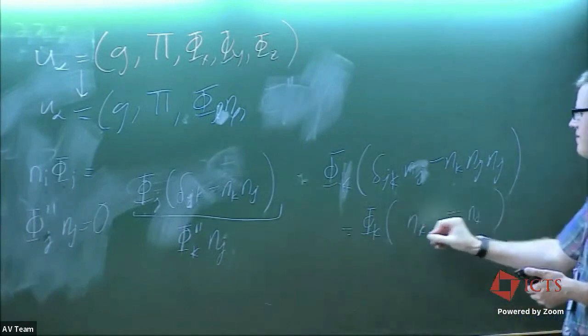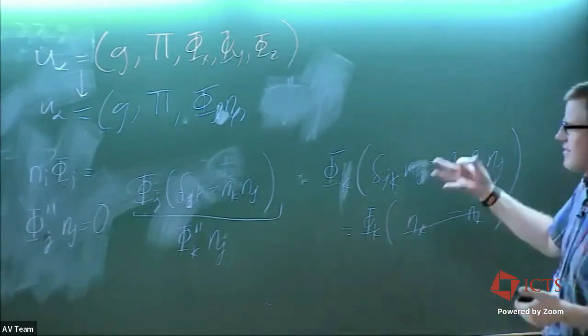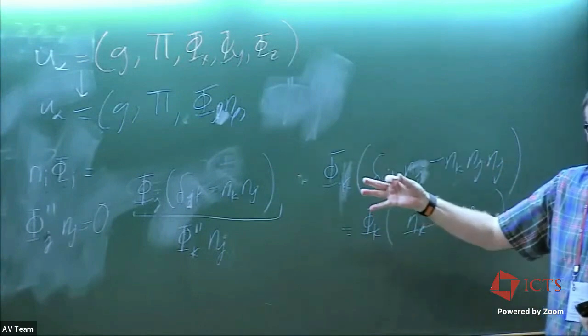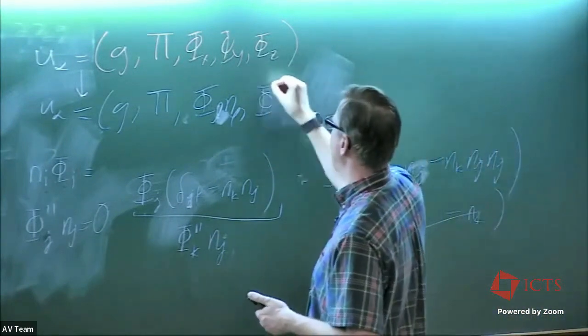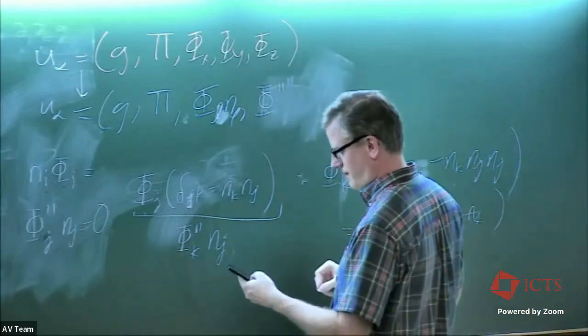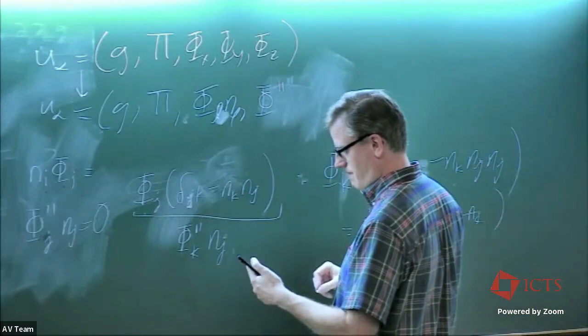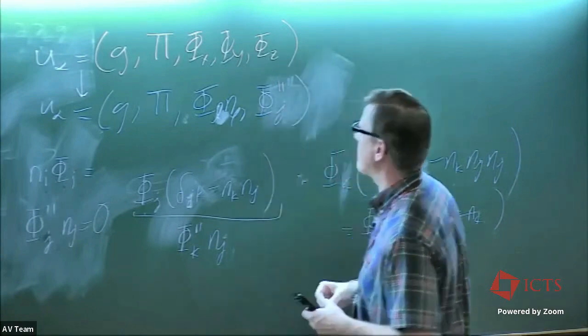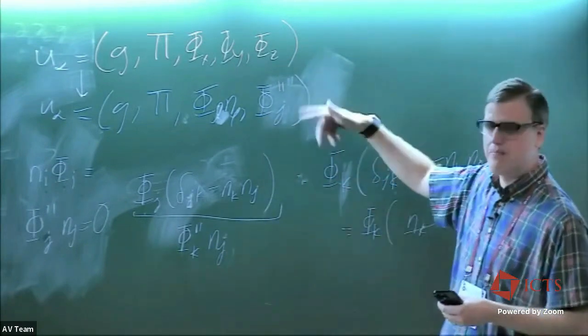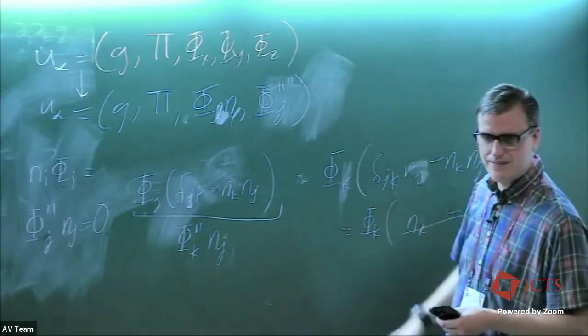So sure enough, this is the parallel component. So from now on, I'm going to write this component as phi parallel j, and we'll just understand that this includes both of the tangent components.